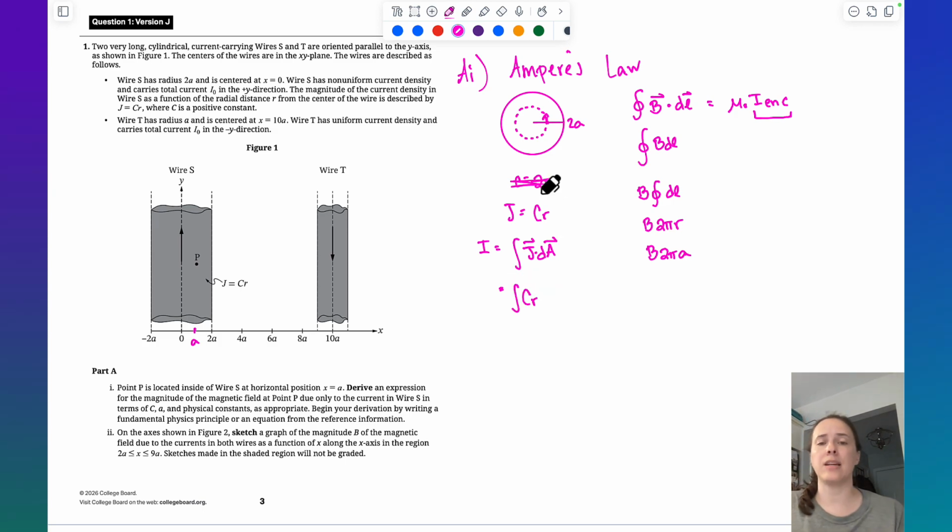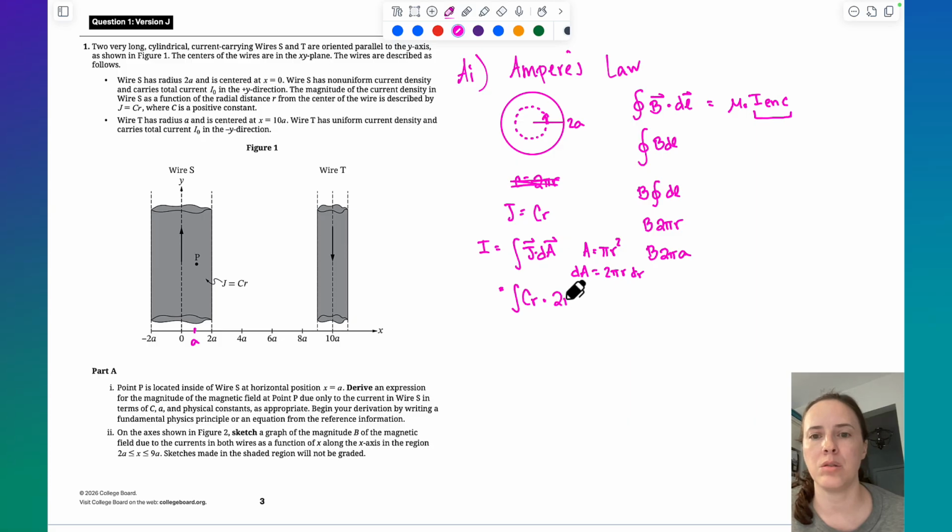Now dA, that's our cross-sectional area. If you forget how to get dA, I know the cross-sectional area is a circle, which goes like pi r squared. So I'm just going to take the derivative of that, which is 2 pi r dr. So that's what's going to come in here, times 2 pi r dr.